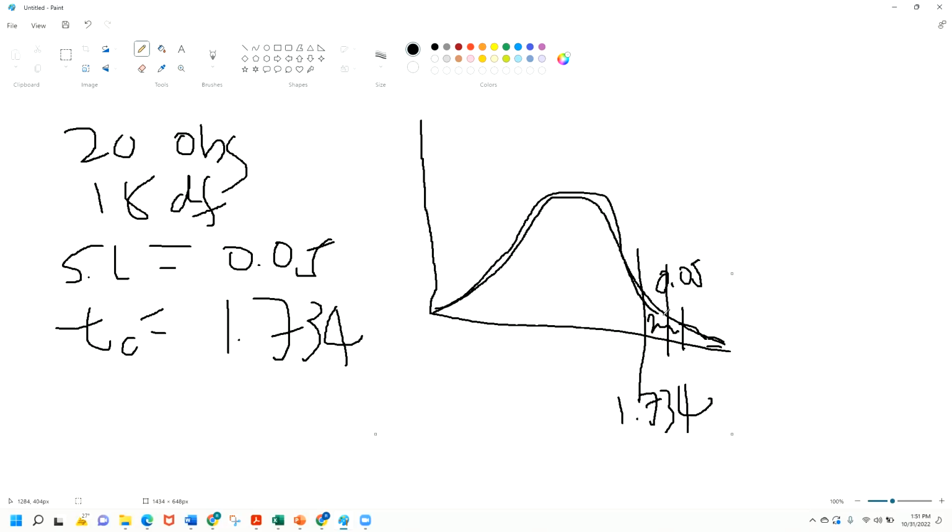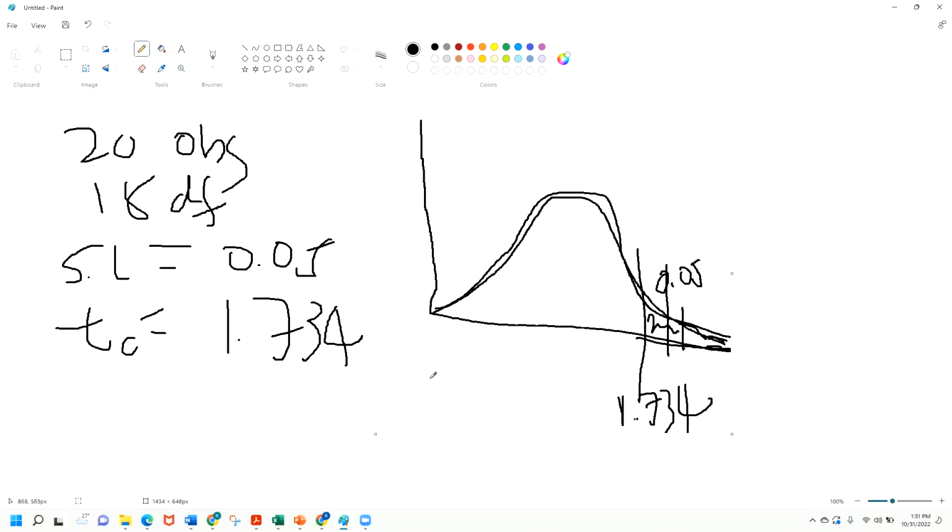So you know that smaller and smaller area is added to the right of 1.734.